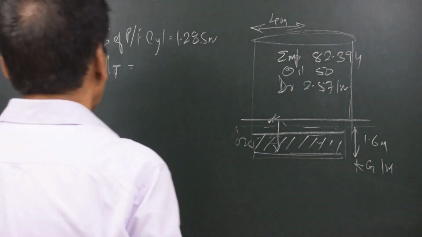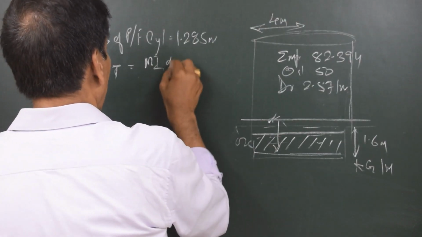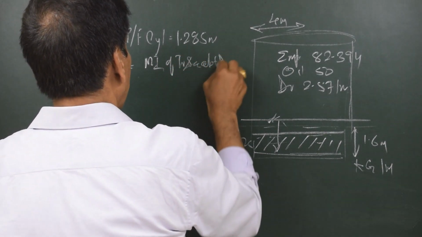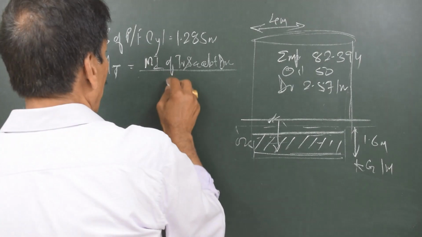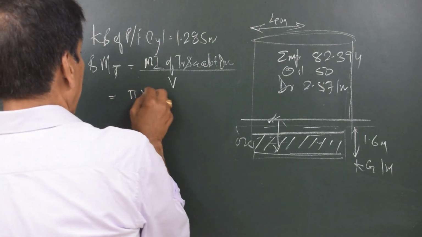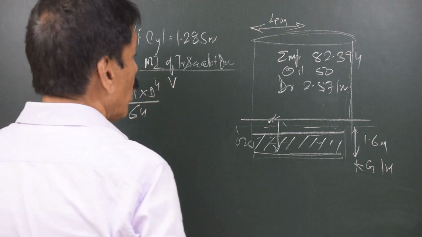Beam transverse of the cylinder is moment of inertia of transverse section about the diameter divided by underwater volume. Now, what is the moment of inertia? Pi into d raised to 4 upon 64. And what is the underwater volume?